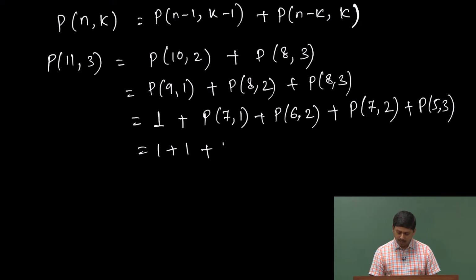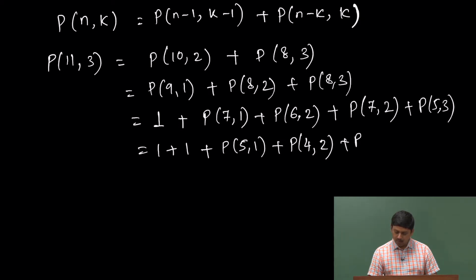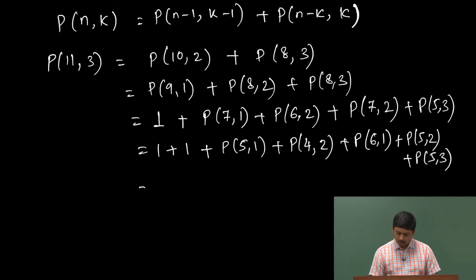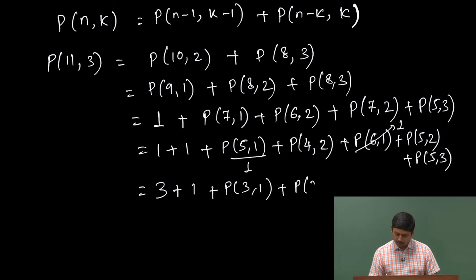P 6 2 I can write as P 5 1 plus P 4 2, plus P 7 2 can be written as P 6 1 plus P 5 2, plus P 5 3 is already there. So, P 6 1 can also be written in one way. So, I have got 3 already, plus this one also can be written in one way, 3 plus 1 is 4. P 4 2 can be written as P 3 1 plus P 2 2.